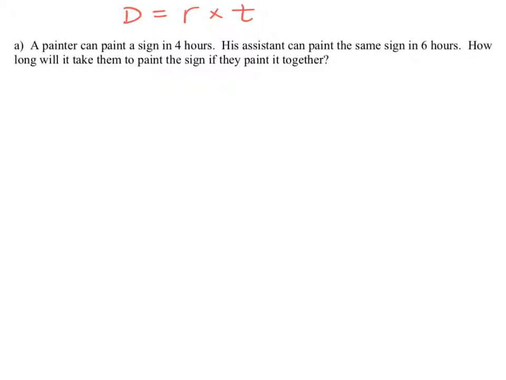So for the painter, the distance is equal to the rate times the time. The distance is actually one sign is equal to the rate times the time of 4 hours. So the painter's rate is equal to 1 over 4. That's one sign in 4 hours.